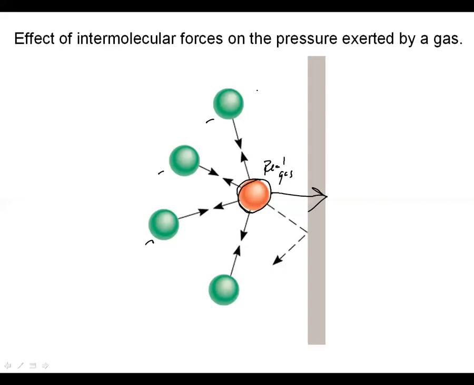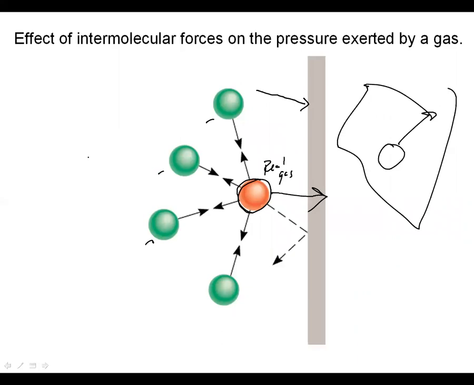So perhaps it takes longer for it to hit the container. If it takes longer to hit the container, we are going to see an effect on the pressure exerted by that gas. Because in the ideal situation, you could think of the gas molecule as free to fly around, nothing bad happening.